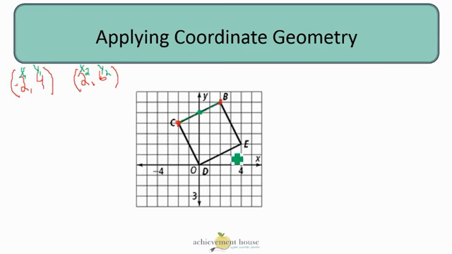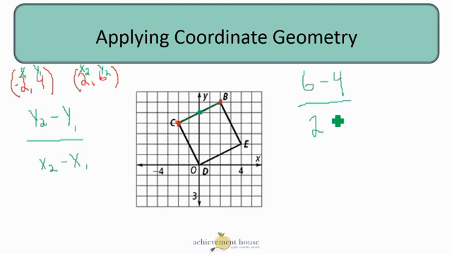And last but not least, let's find the slope of CB. Our slope is going to be the change in y over the change in x, so y2 minus y1 over x2 minus x1. And we substitute in: our y2 is 6, our y1 is 4, our x2 is 2, our x1 is negative 2.